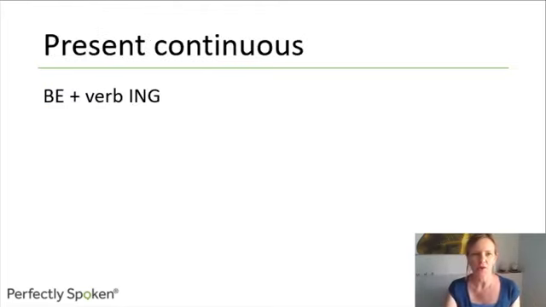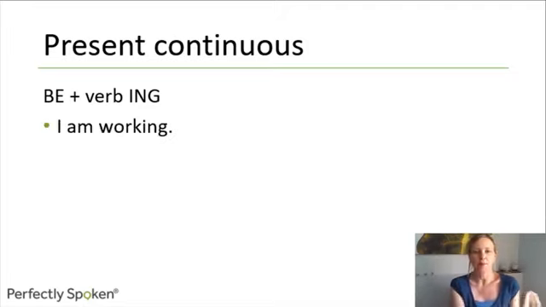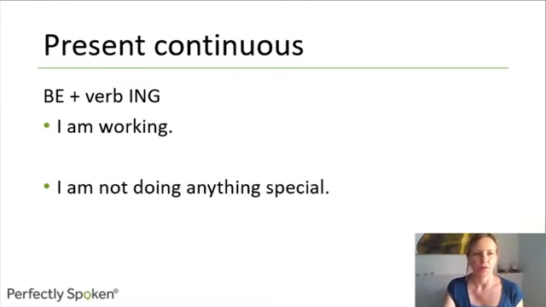Okay? So let's begin. So first of all, present continuous, if you remember, is formed by the verb be plus ing. For example, I am working. Remember, you can contract I and am and make it I'm. So I am working or I'm working.